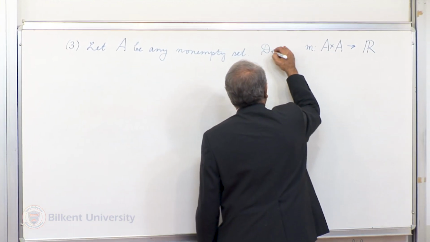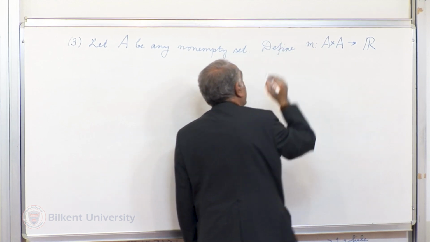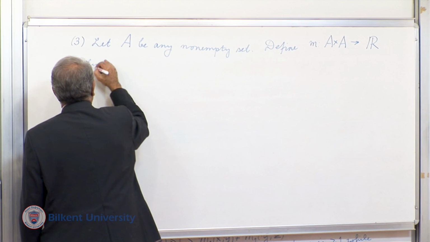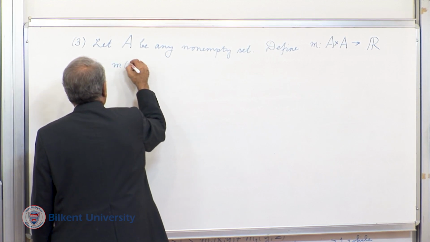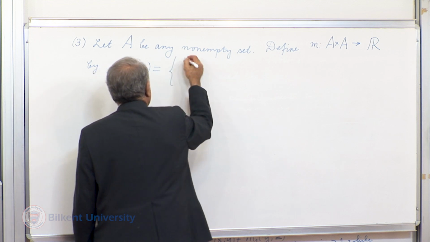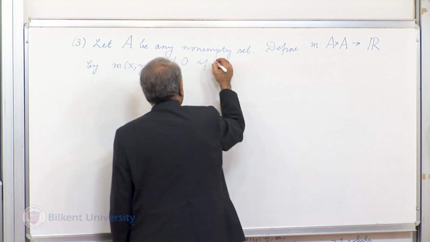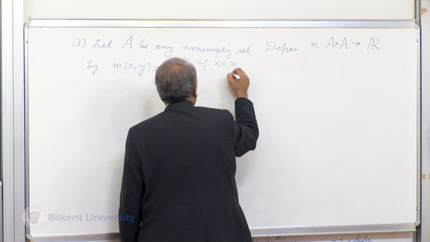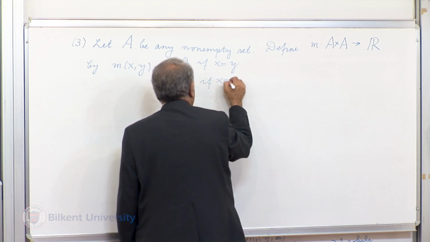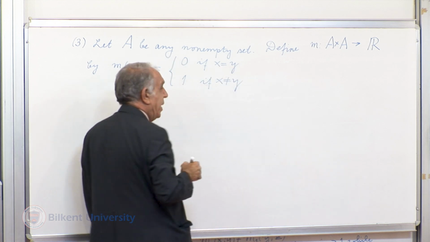Define this by m(x,y) equal to 0 if x is equal to y, 1 if x is different.